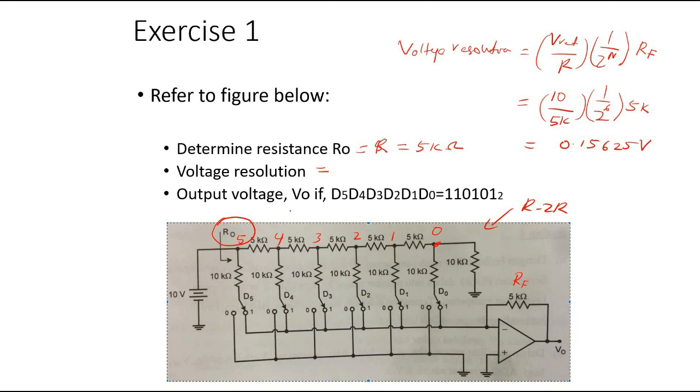Okay. Now kita continue outputs. Kita nak kira output voltage jika connection kita adalah 110101.